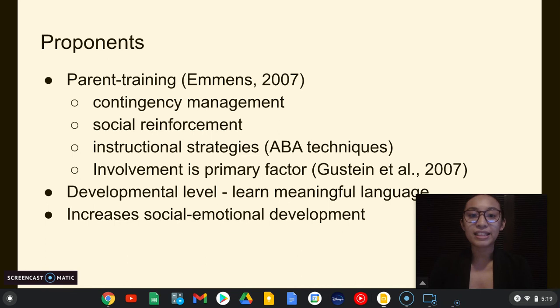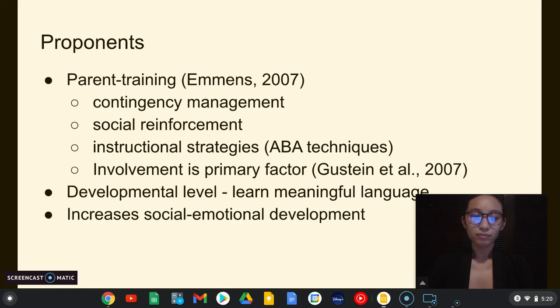Again, they are the main therapists, the primary therapists for the intervention, and they spend the most amount of time with the individual as well. Another proponent is that once an individual reaches a developmental level, they can learn meaningful language.